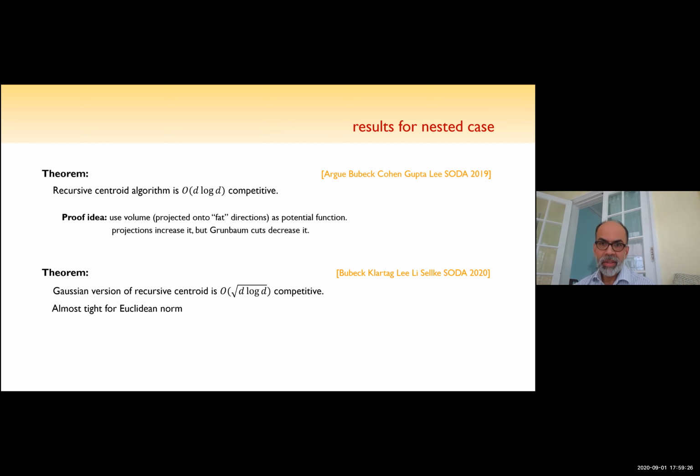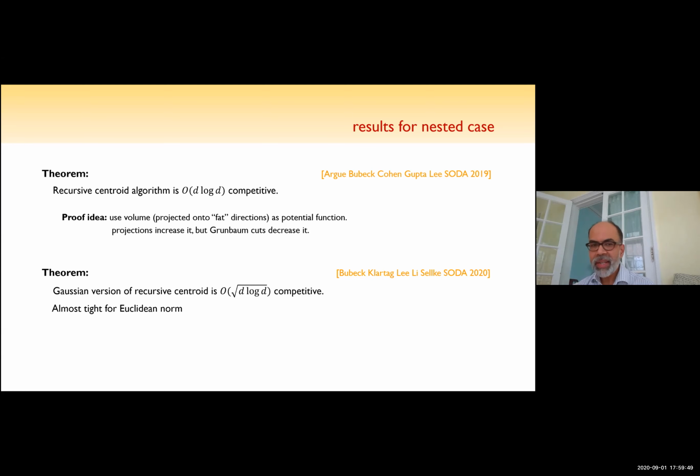In fact, then Bubeck, Klartag, Lee, and Selke, in a paper at SODA this year, showed that, look, you are moving in Euclidean norm. So maybe you can measure distances, you can measure volume in a way that's more conducive to the geometry of this problem.